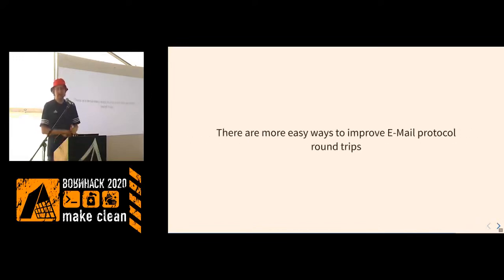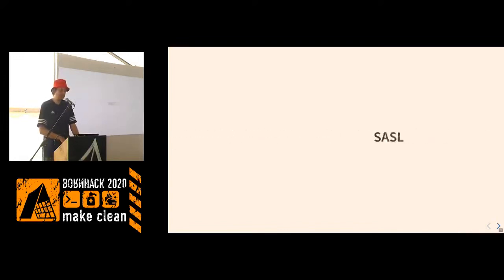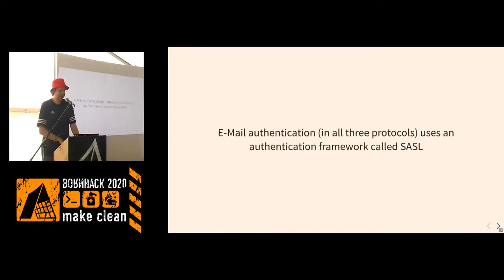And there are some more ways to improve the round trips in email protocols. Authentication in email protocols uses something called SASL. This is a generic authentication framework which is used by all these 3 protocols and also by some others.